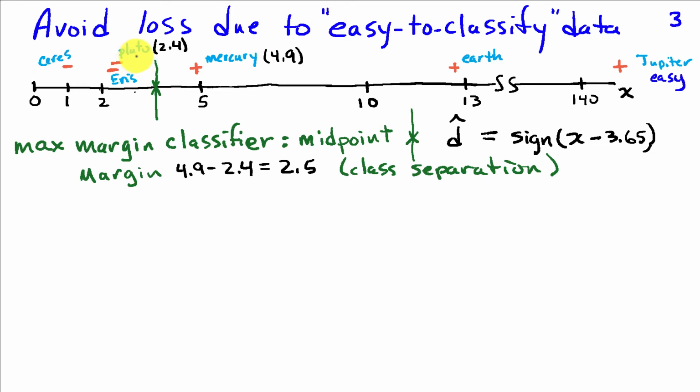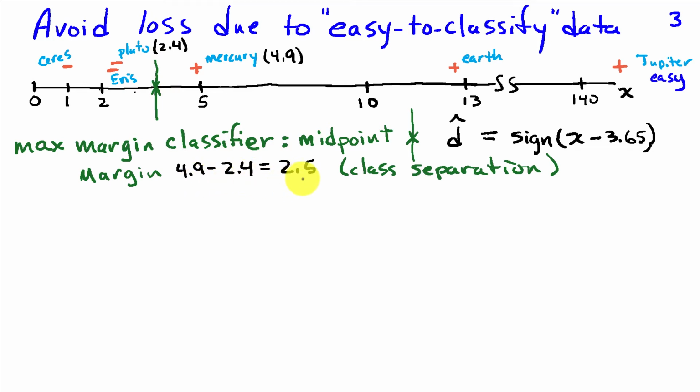The decision boundary is the midpoint between the radius of Pluto, which is 2.4 million meters, and Mercury, which is 4.9 million. So that gives us a decision where we're predicting a label d hat as the sign of the radius minus 3.65 million meters. Our margin in this case is the distance between the categories, which is 4.9 minus 2.4.